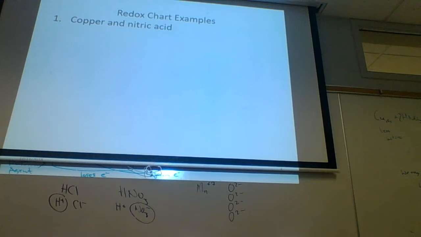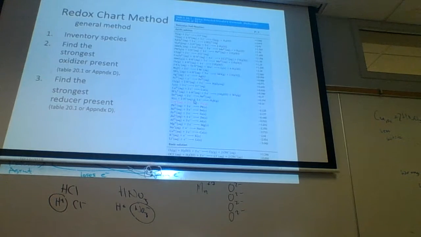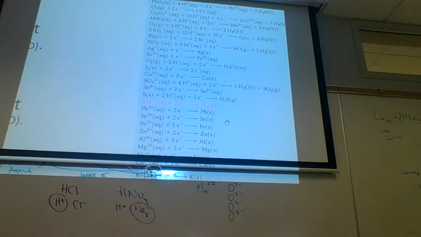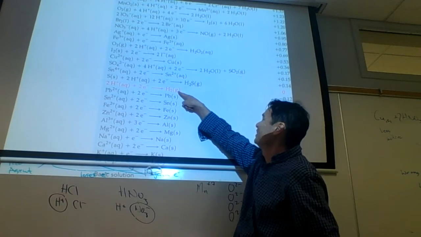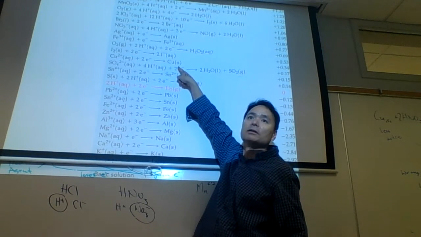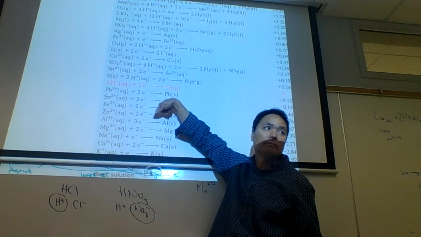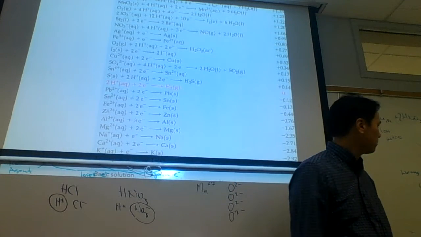Okay. If we go back to the chart, we see that hydrogen is more active than copper. Hydrogen is closer to lithium. Sorry, see.